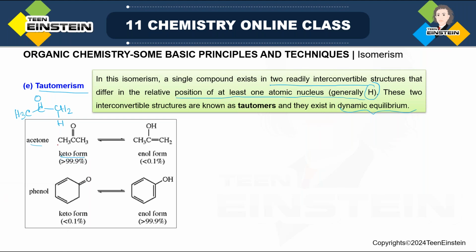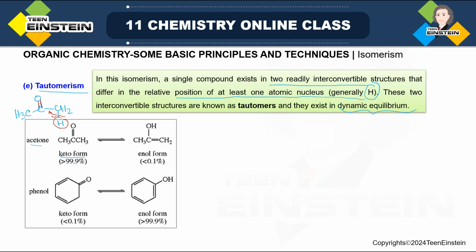Why am I doing so? Because what happens is this CH bond will be broken and there will be a CC double bond. The CH bond will be broken, and this carbonyl oxygen double bond will also be broken, and instead there will be a single bond.